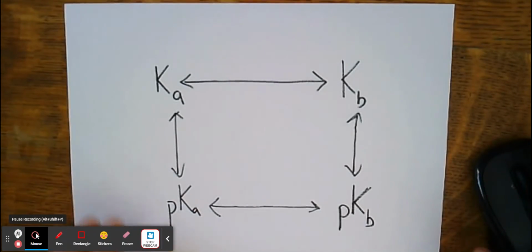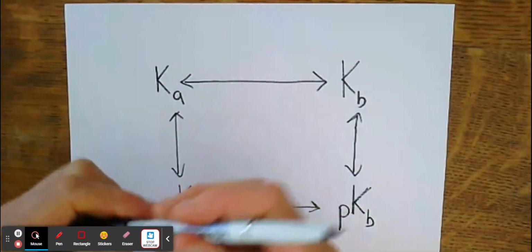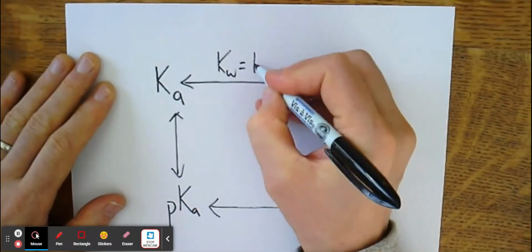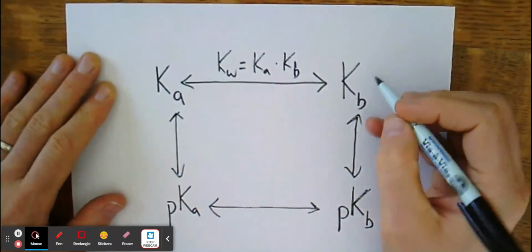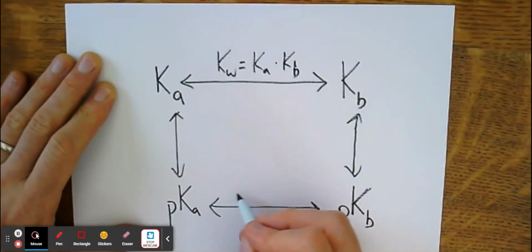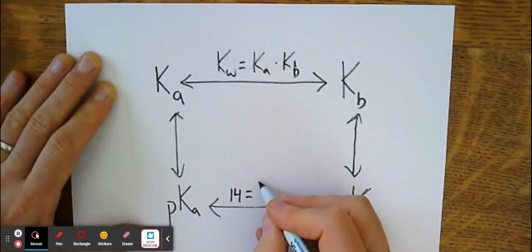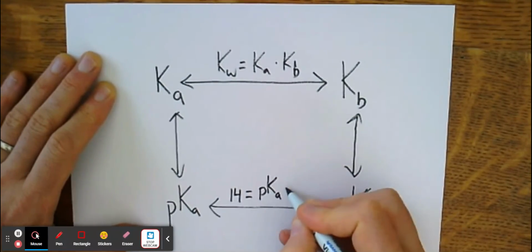Okay, going for the W, we have another formula box. It's very similar to the last one. The way to relate Ka and Kb is with Kw. Kw equals Ka times Kb. And therefore, the log of these things will give you 14.